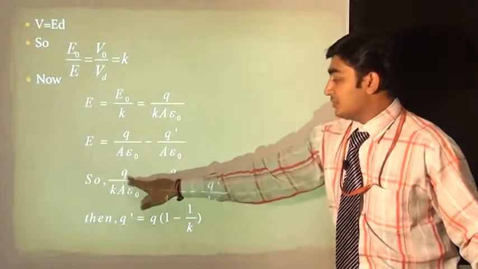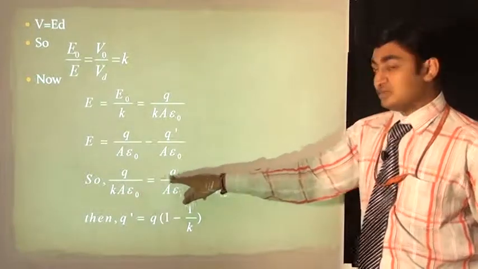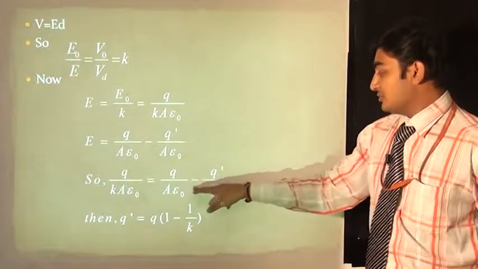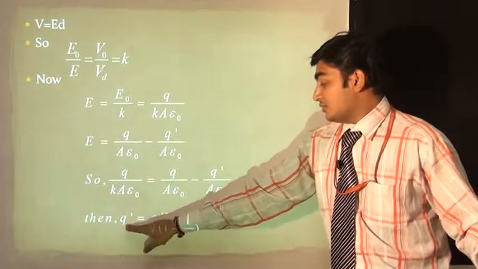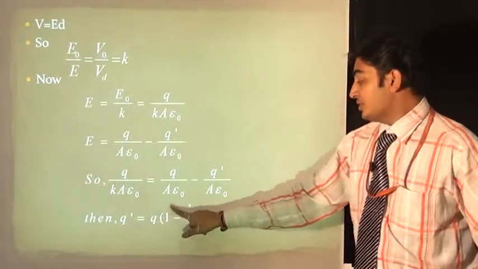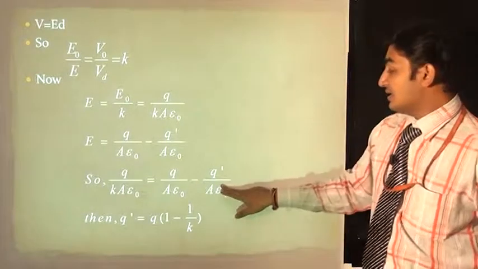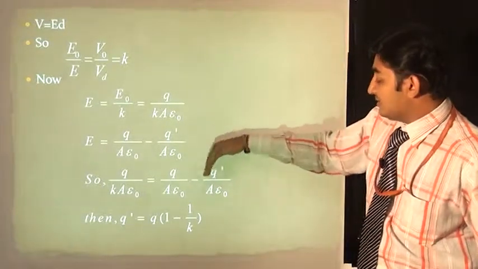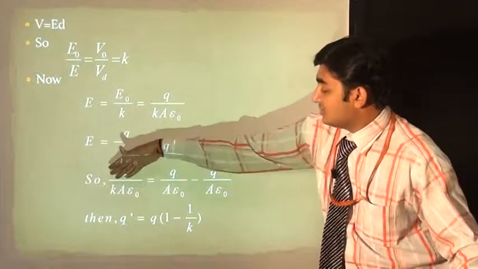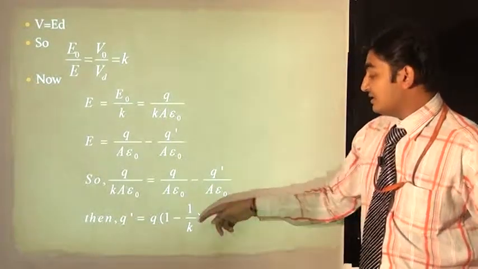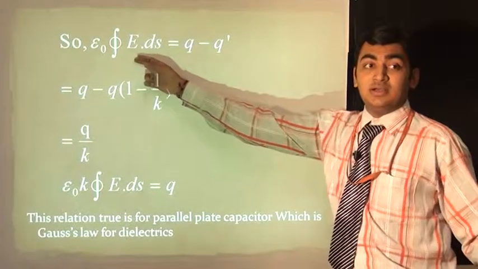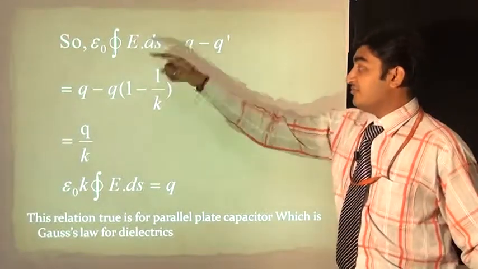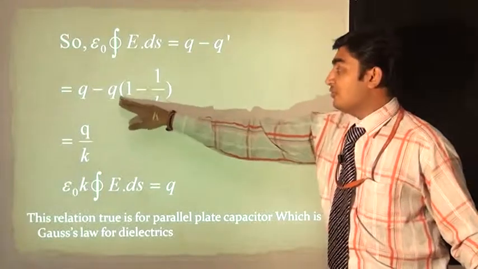Therefore, q divided by Kε0 is equal to q divided by Aε0 minus q dash divided by ε0. Then q dash is equal to q in bracket 1 minus 1 by K, taking the q term on the other side. So we have found the value of q dash.